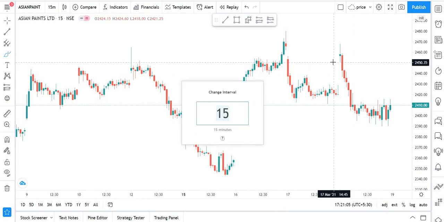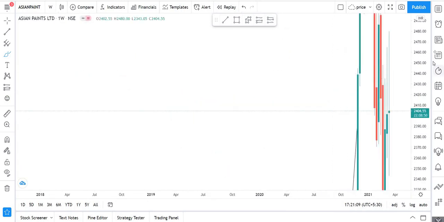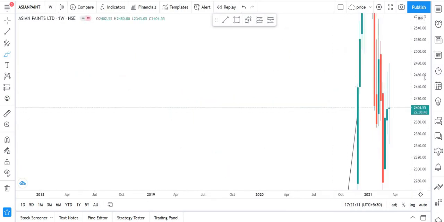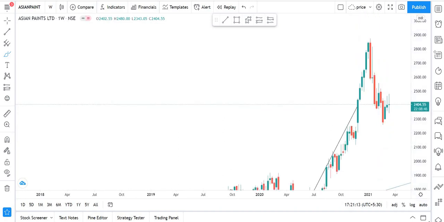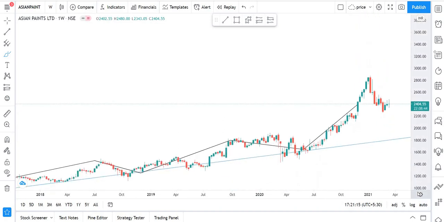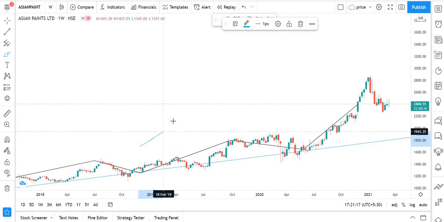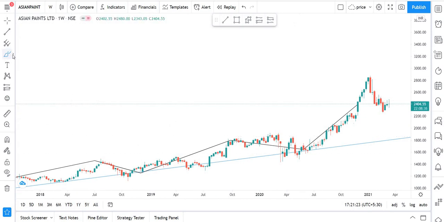Let's move to the weekly charts and see if we can spot a trend on this chart. Look at these waves in the stock price, which are visible in front of us. Wave 1 advancing. This is not a declining wave. This is a correcting wave. Again an advancing wave.